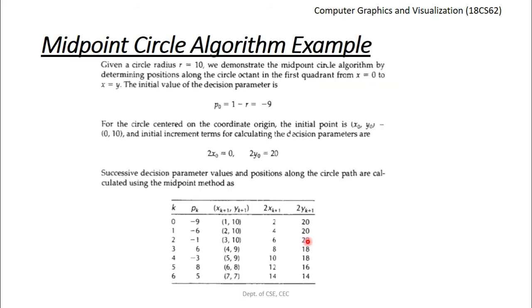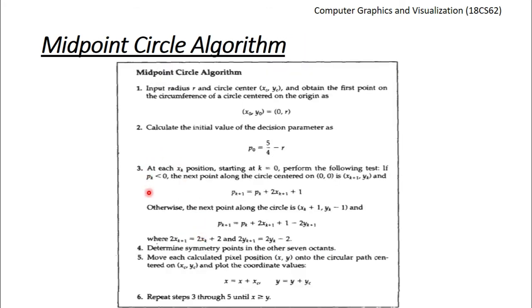What do we do next? So we have found the value of p2 equals minus 1. Again check if the value of p2 is negative. Is it negative? Yes, minus 1 is negative. So the value of p3 will be the value of p2, which is minus 1, plus 2xk plus 1. What was the value of xk plus 1? It was 6, plus 1.